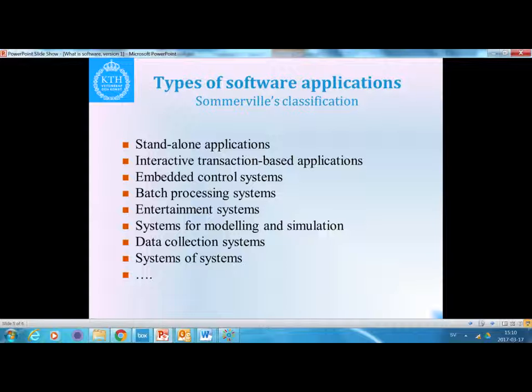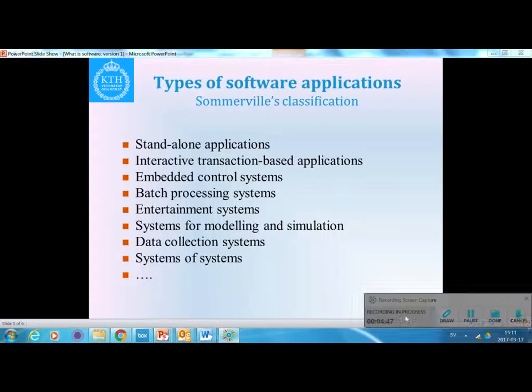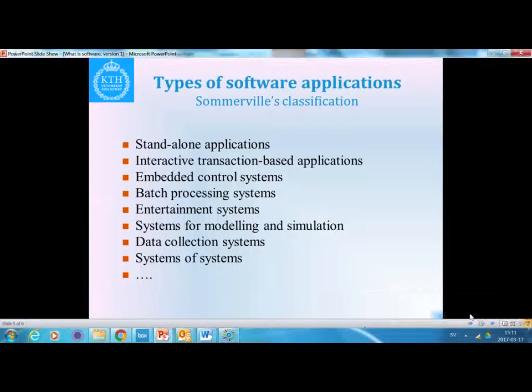We have entertainment systems. We have systems for modeling and simulation, for instance simulation of the functionality of various systems. An example of simulation is a flight control system.